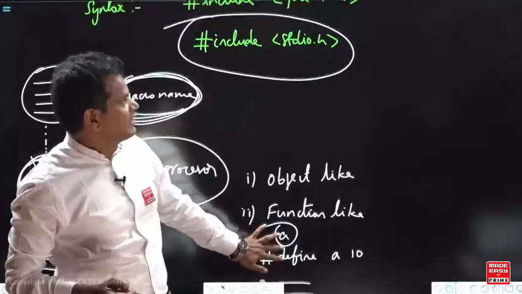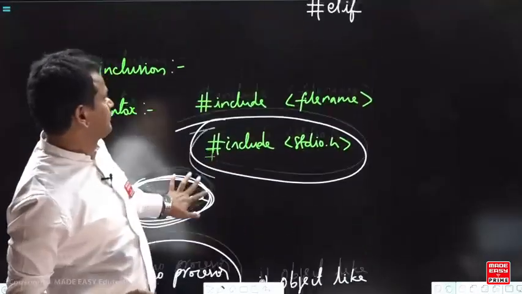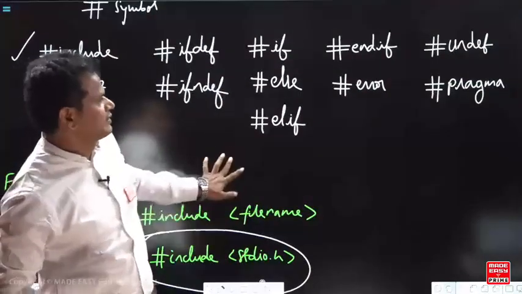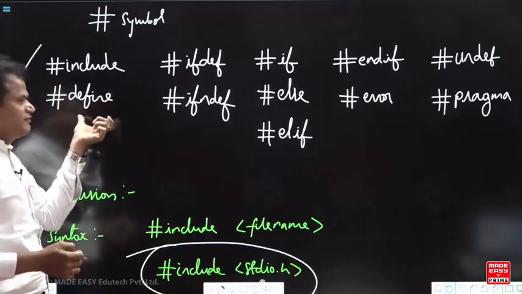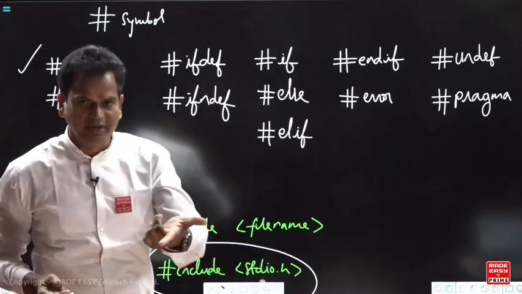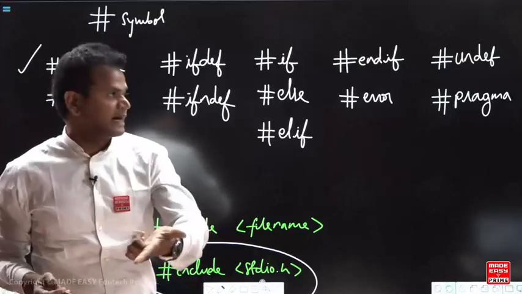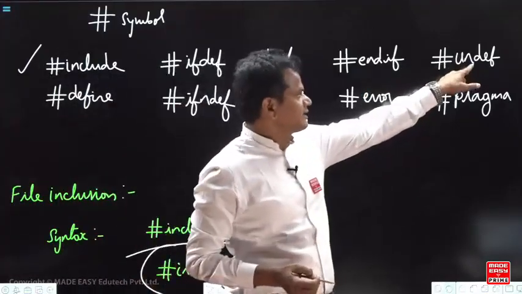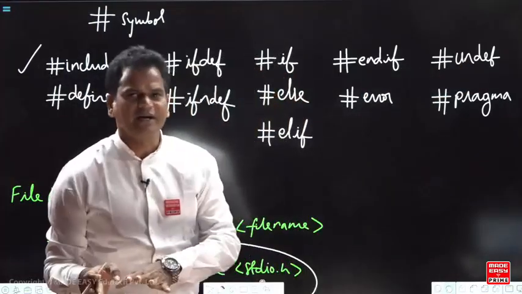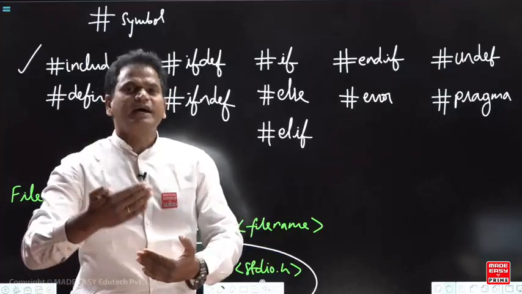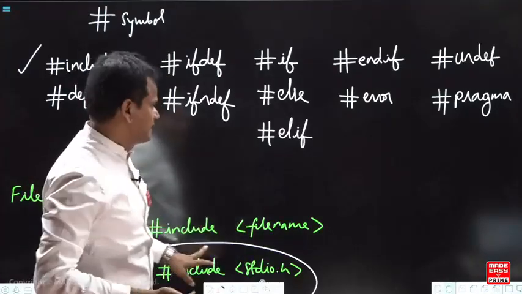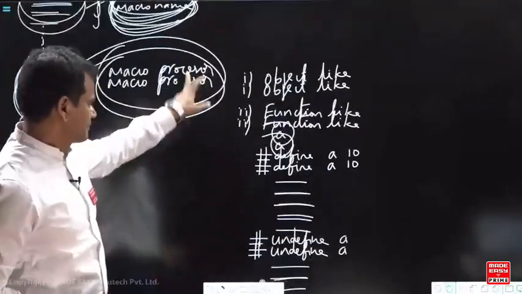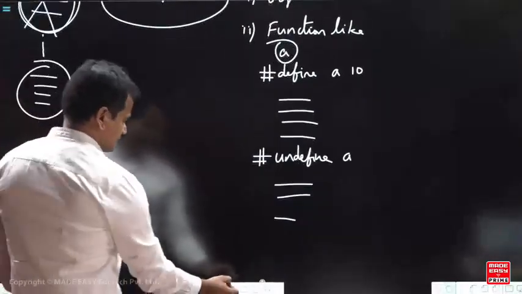#define is used for defining a macro. #undef is used for undefining a defined macro. Okay, I repeat.